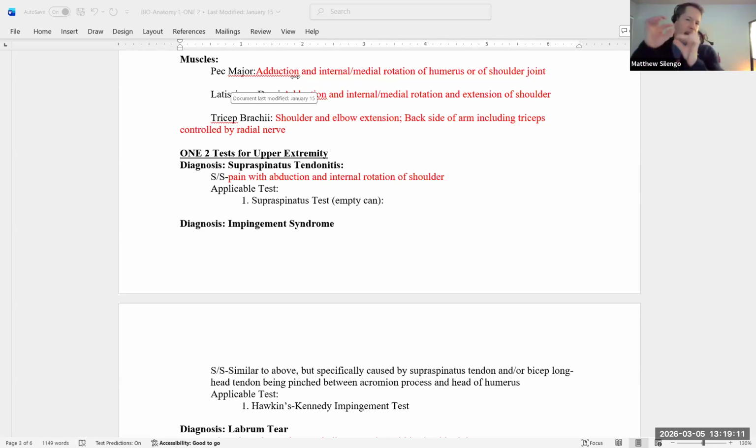So depending on exactly which muscle fibers get activated, it can assist with a variety of different actions. But the two primary ones that will likely come up on comps would be these two. Everything else, it's just like, yeah, it could help a little bit with moving the shoulder joint or moving the humerus in those other directions. These are the primary ones that I focus on.